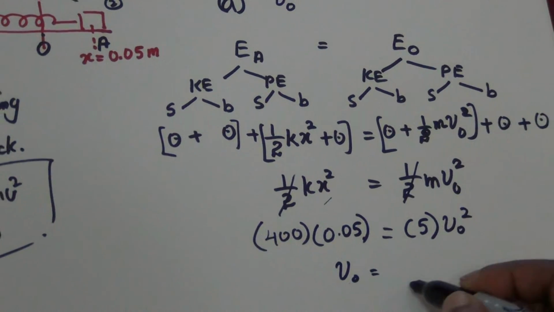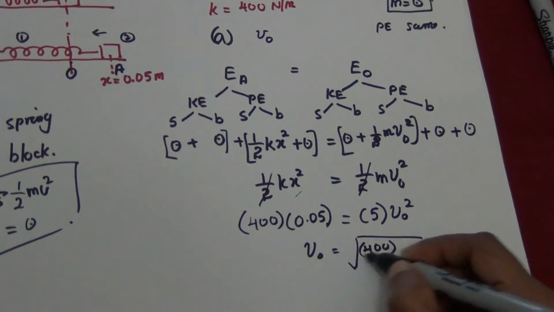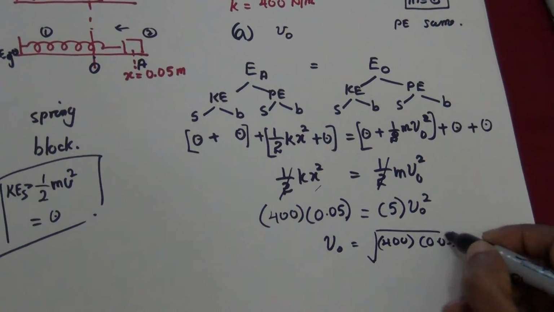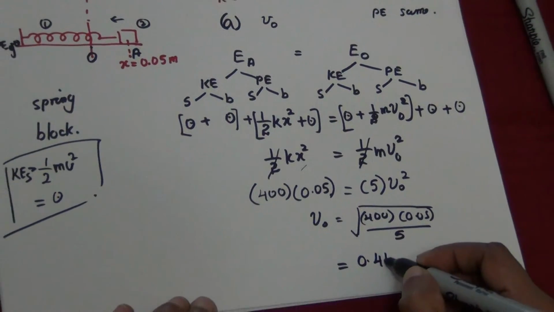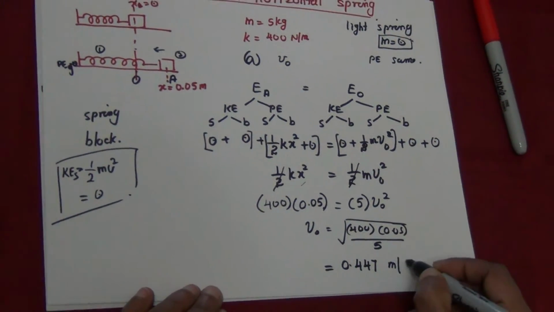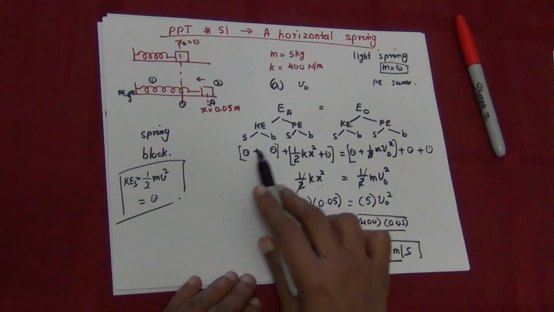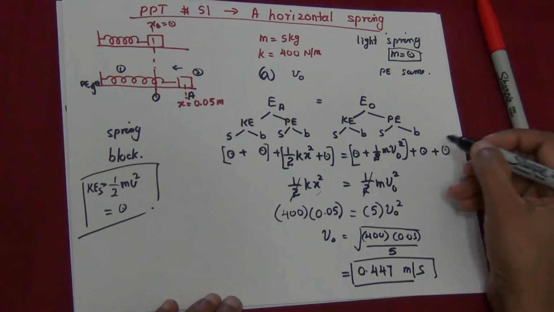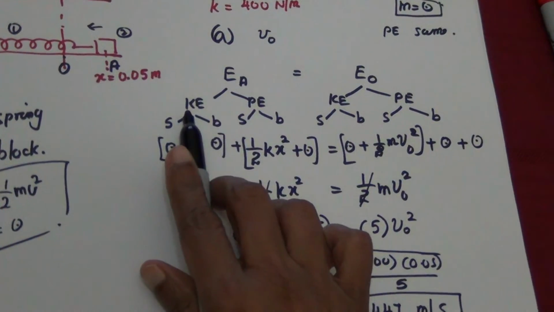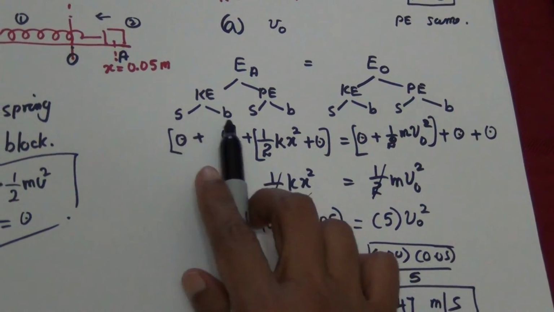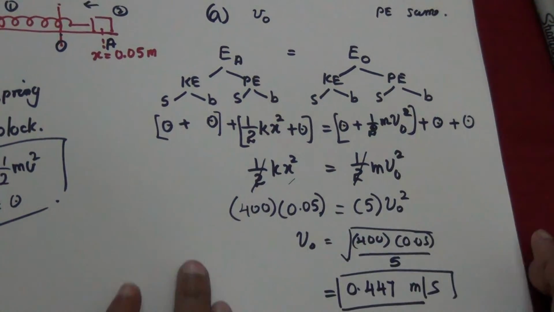So you will get V naught is the square root of, so you can solve this or use your calculator to solve this. You will get 0.447 meters per second. So you might think why I am writing all these and then putting zeros. That gives you the whole idea, right? So we are not missing any kinetic or potential energy of the two objects in the system, right?